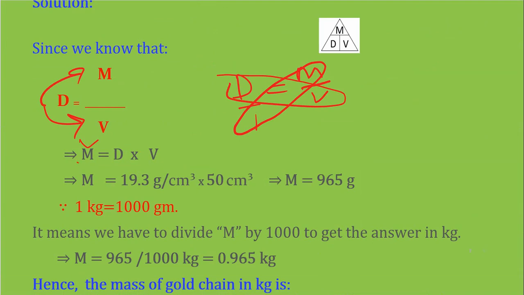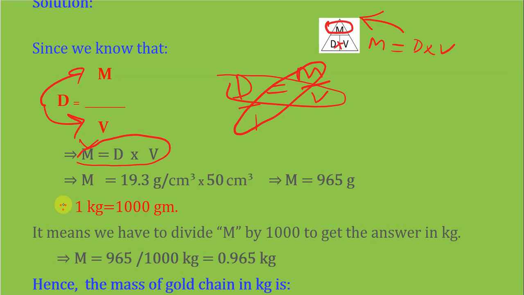So we will be using this formula. And if you are facing any difficulty, then you can use this formula. If you have to calculate m, then m is equal to D times V. So you can use m is equal to D times V by using the triangular technique.